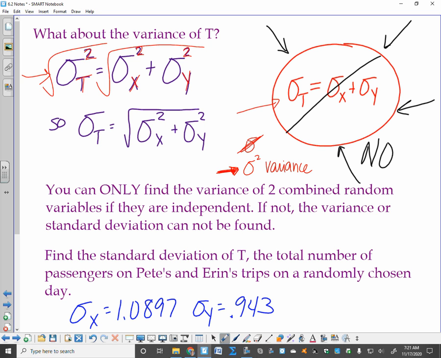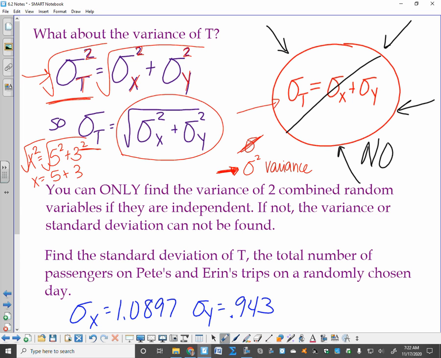That's just an algebra thing. So when I square root the sigma sub T squared, I get sigma sub T. But I cannot square root the terms individually. Just a little algebra trick: if I say x squared equals 5 squared plus 3 squared, you can't square root that and say x equals 5 plus 3.